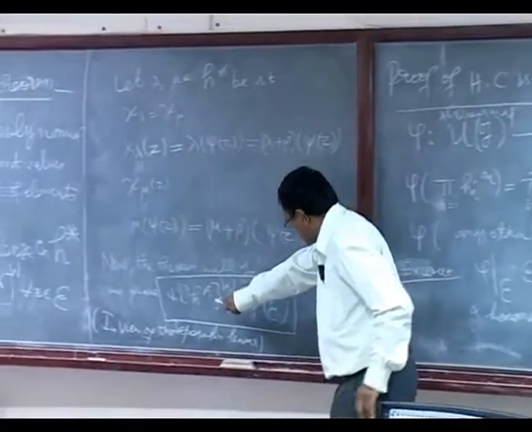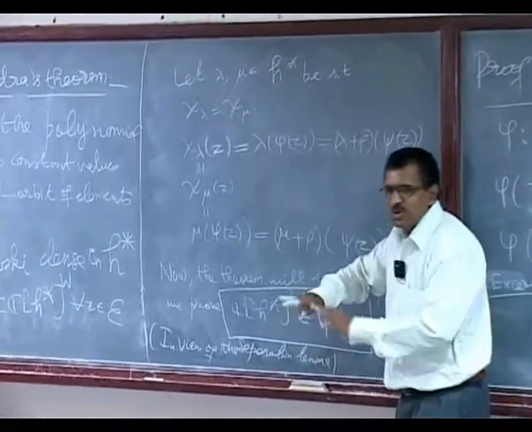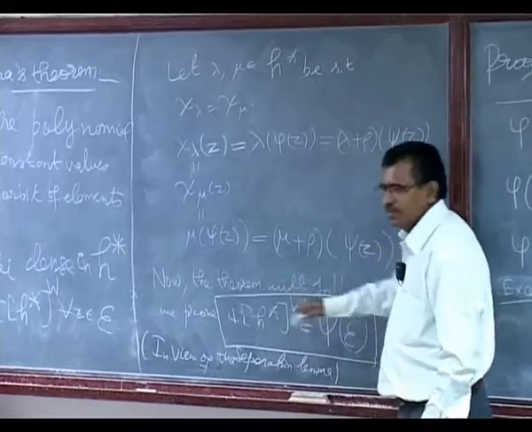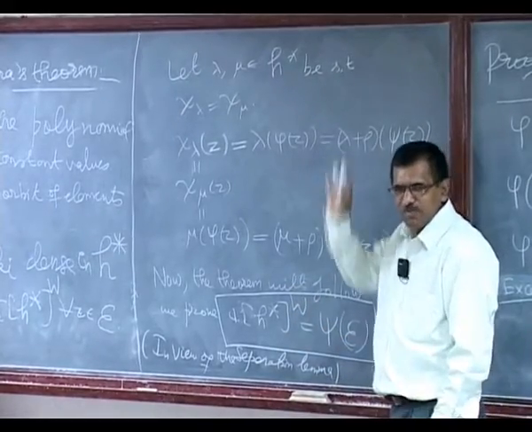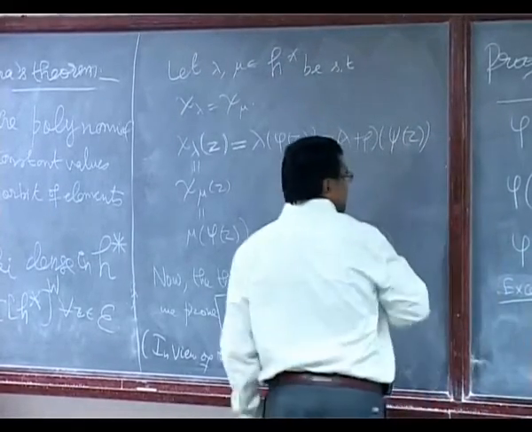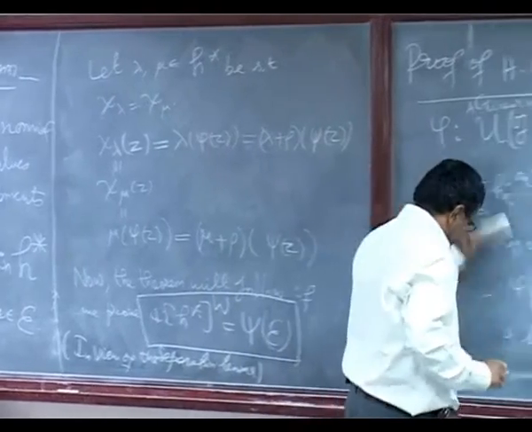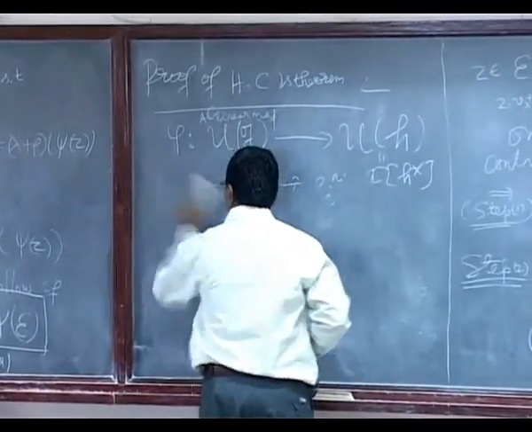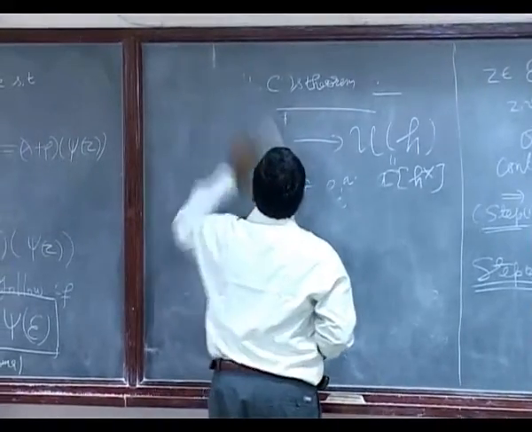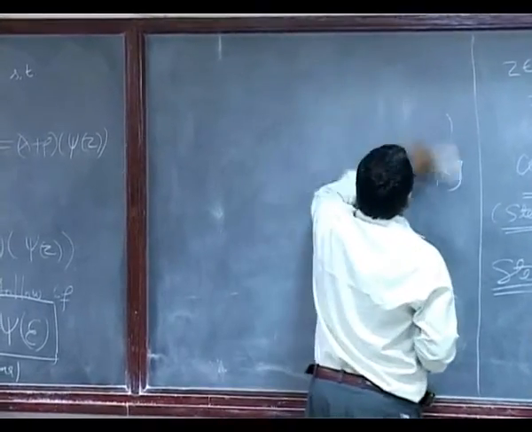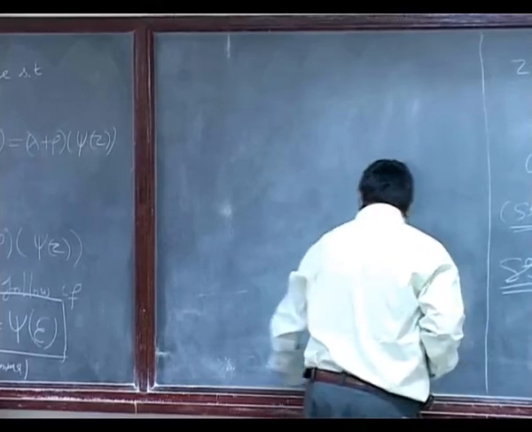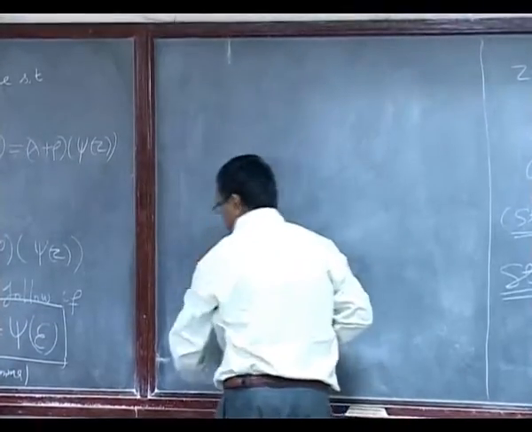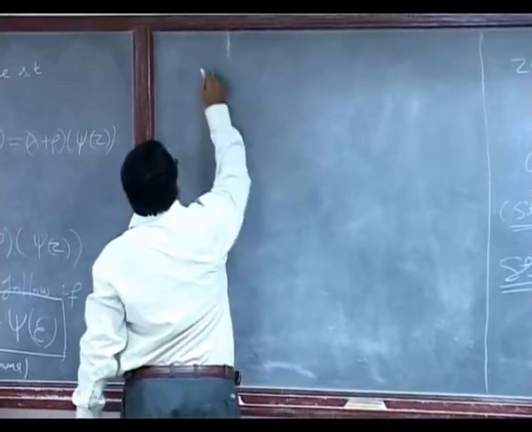The thing is, you ignore the dual, then C[H*]^W is C[G]^W. So, we ignore the dual, then C[H*]^W is C[G]^W. And there is nothing wrong in doing that.